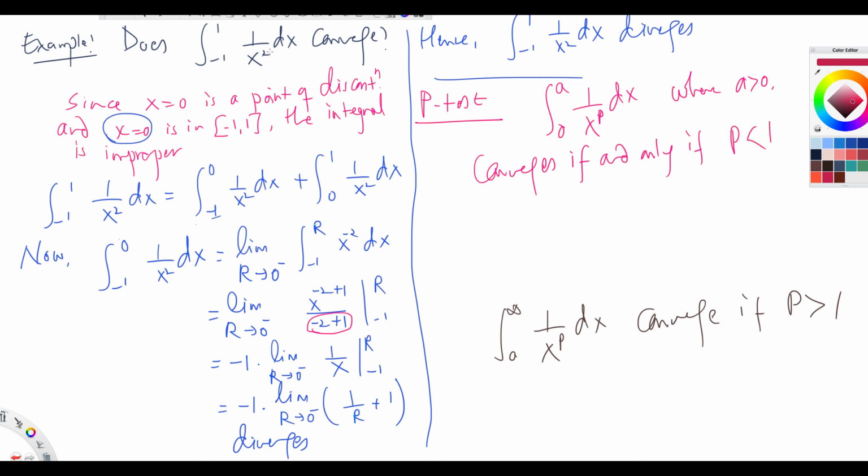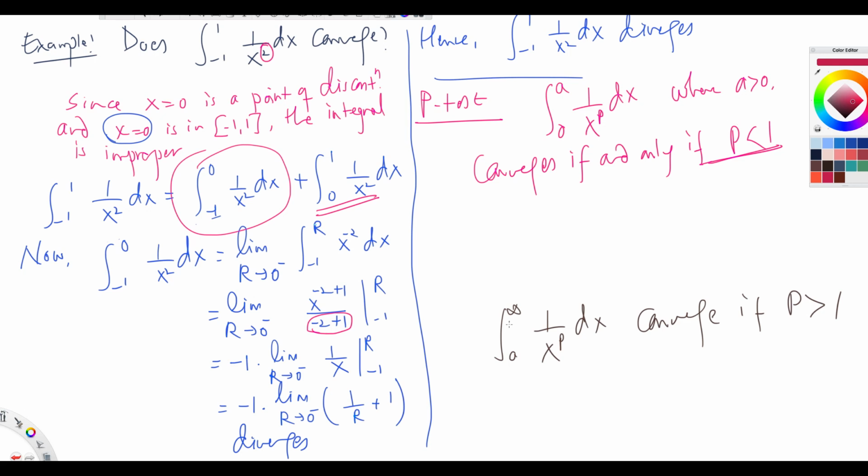You see that here our p was greater than 1, that's why it diverges. If this p is less than 1 for 0 to a, you could have tried 0 to 1. We did this for the first integral, but you could have tried this one, because a is positive, right? And 1 over x to the p diverges because p is greater than 1. If p is less than 1, then it would converge, okay? That's what you get here.